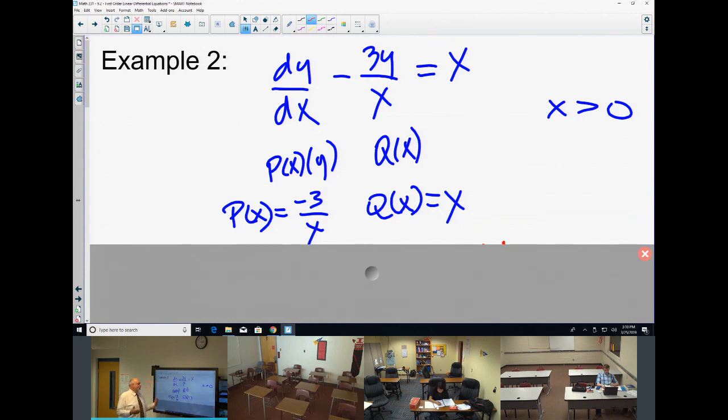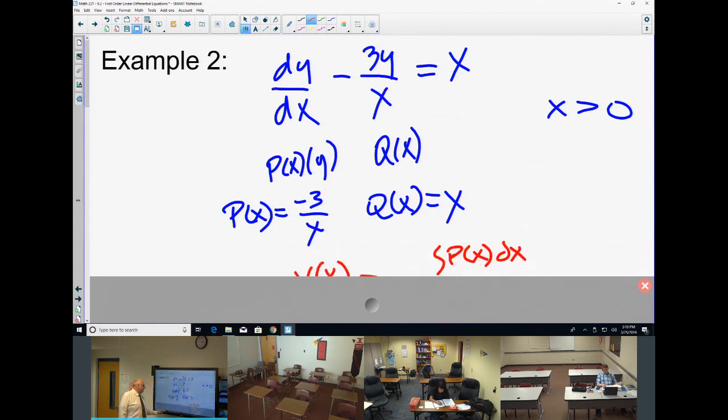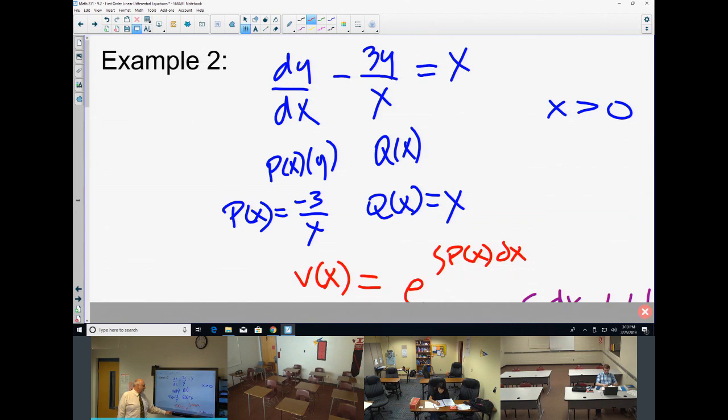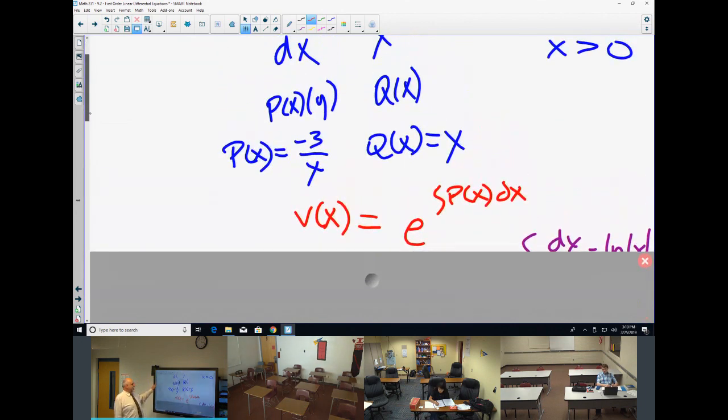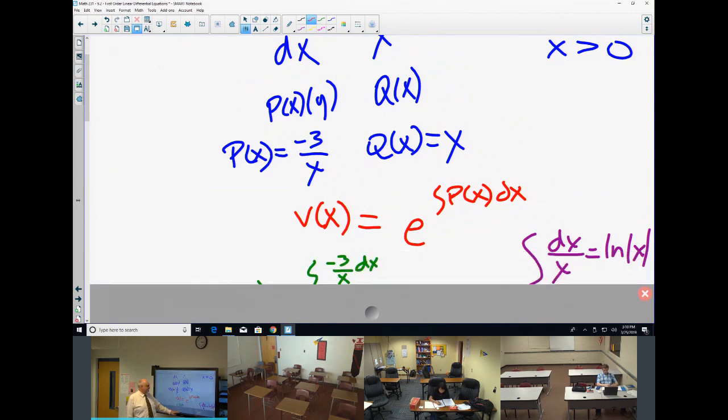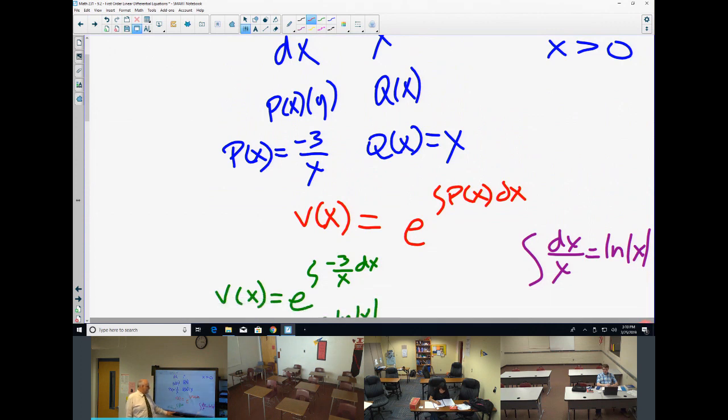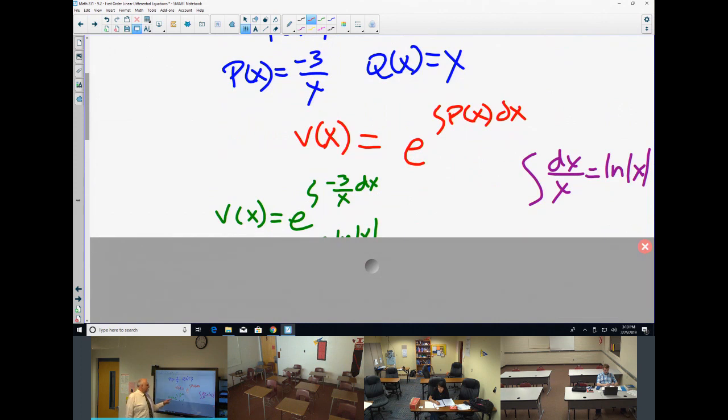Okay, so now what I need to do is find v of x. So v of x is e raised to the integral of the p of x, so -3 over x dx. So for this problem, v of x is e raised to the integral of -3 over x dx. Okay?